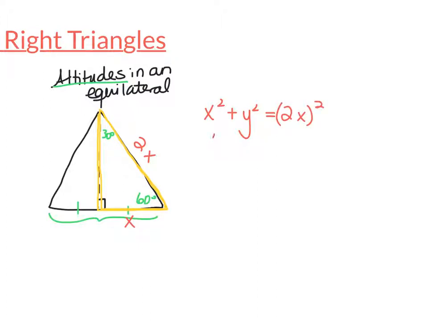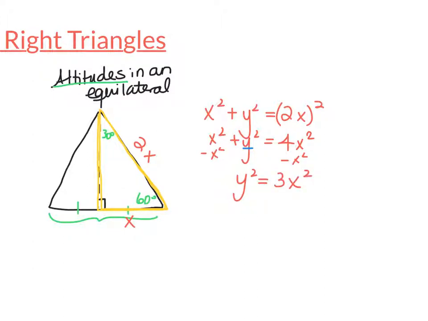If I work that out, that's just x squared plus y squared equals 4x squared. Now, I want to solve for y, because remember, y is standing for this other leg in my problem. So I'm going to subtract an x squared from both sides. And that's going to give me y squared equals 3x squared.